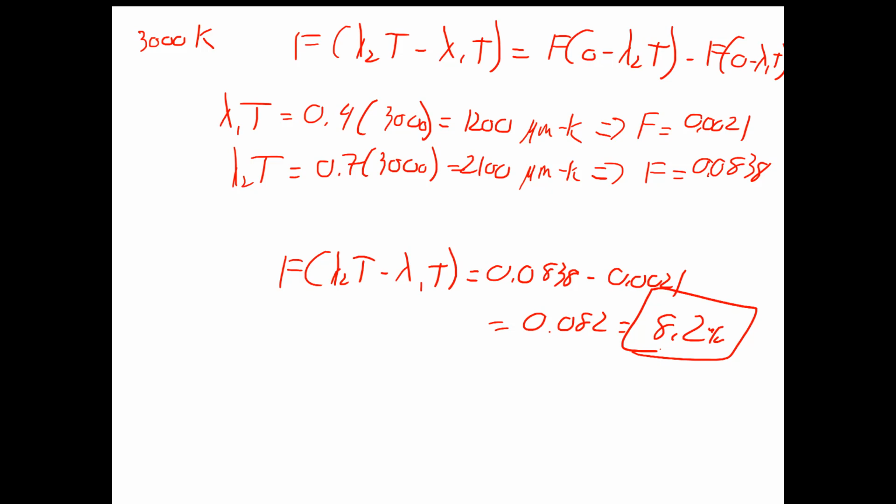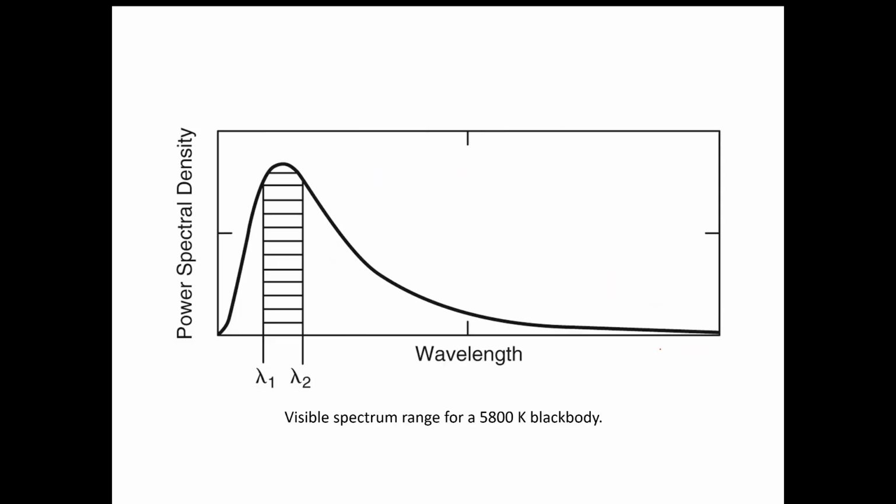So you can see the effect of how much temperature has on emissive power. Again, the visible spectrum just happens to be where, if you look back at this power spectral density versus wavelength, you can see that this peak is encompassed within the visible spectrum.